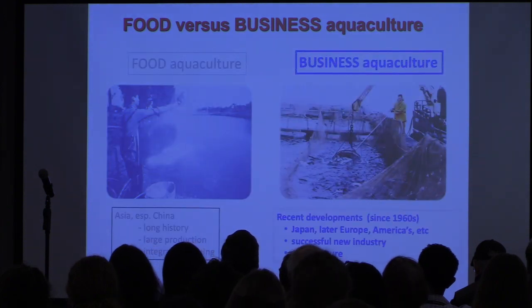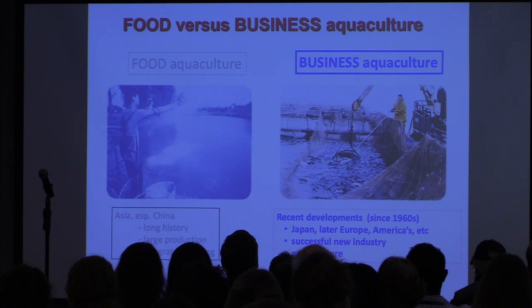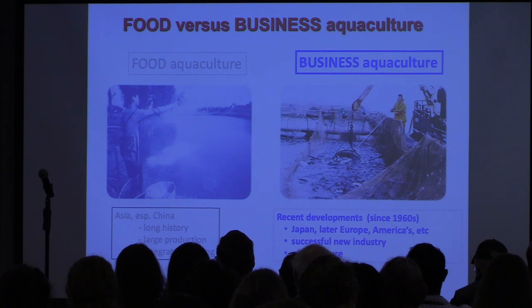Business aquaculture, and you hear the word business, is not to produce a product for local consumption. It might be for local consumption, but it's mainly as an income. Think about the catfish farming in the southern states, think about the salmon farming in Norway.